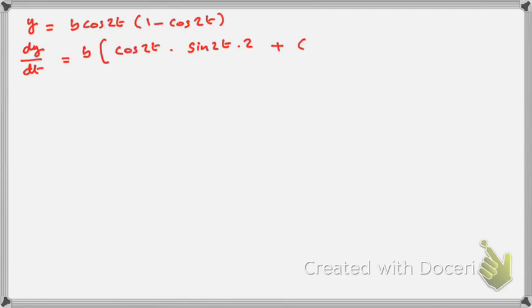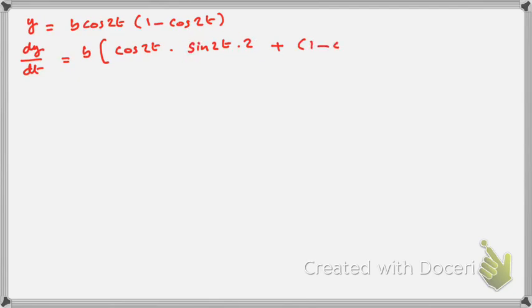So cos 2t into derivative of the second, 1 is 0, minus cos 2t, derivative is minus sin 2t into 2. But double minus became plus, and that's why I don't have a minus sign there.